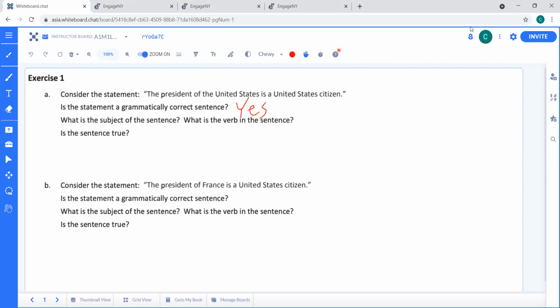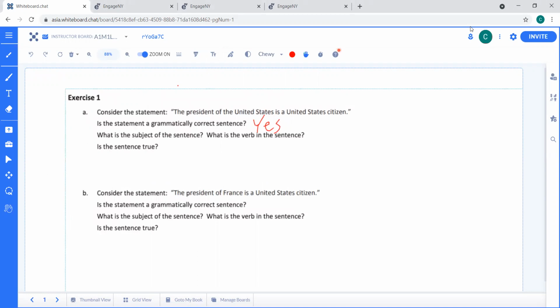What is the subject of the sentence, and what is the verb? We're going to write an S above the subject, which is president, and a V above is, because that is the verb.